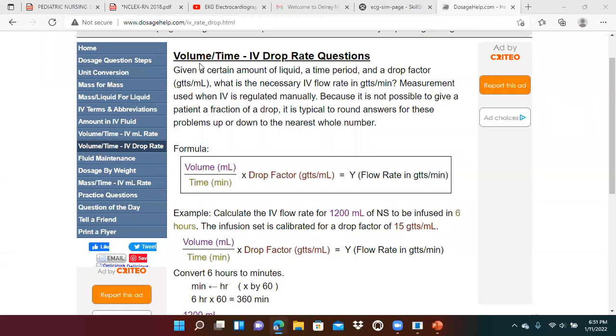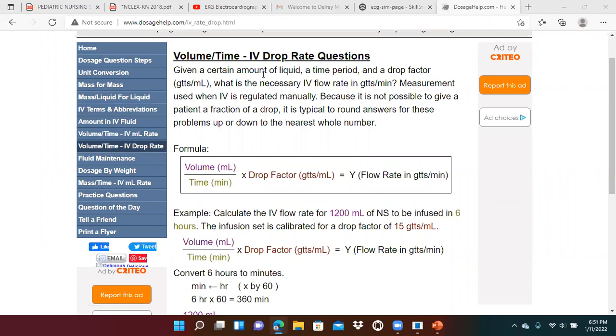So it is important, when you practice this formula, to compare it with this formula. This is the volume over time in hours, which we call the IV milliliter flow rate formula. This is volume over time, but in minutes, and it is called the IV drop rate.